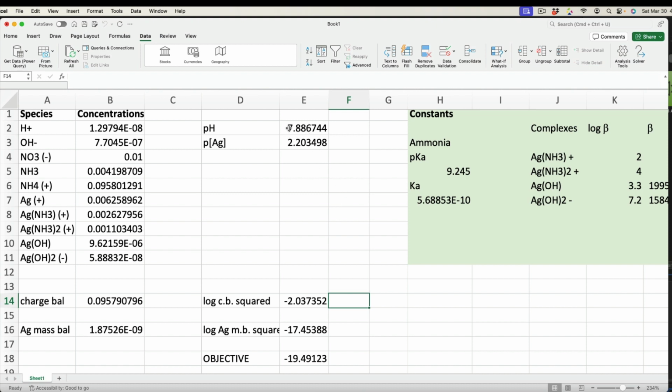Our pH is going to be 7.88. So I was kind of off when I said pH 8. Our pAg is bigger than it was before, so our free silver concentration is smaller. But you could see, looking at these concentrations, we have mostly free silver. We have a moderate amount, like, say, order of magnitude, of our silver ammonia complexes. And then we have very, very little of our silver hydroxide complexes.